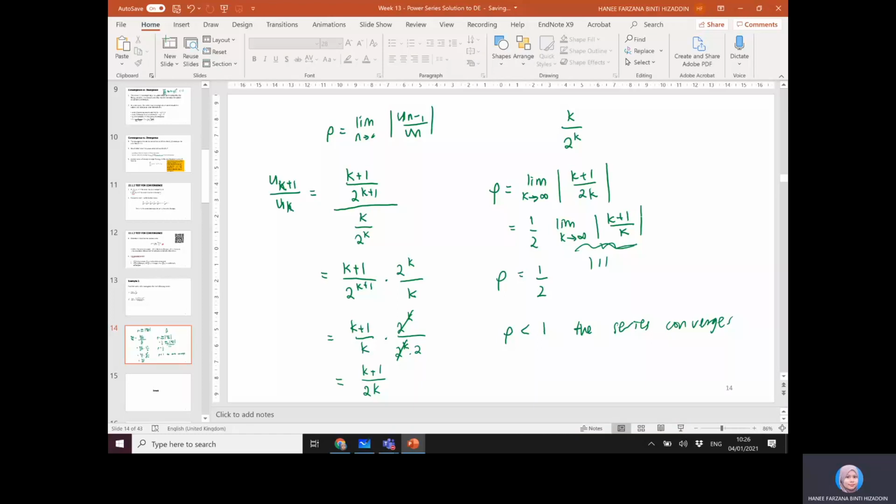The original series, from k equals 1 to infinity, is convergent.